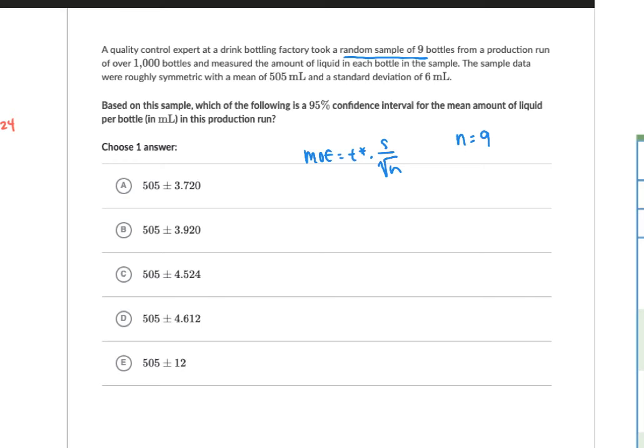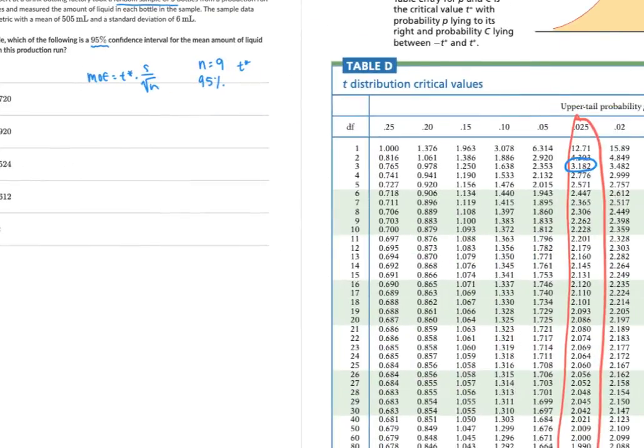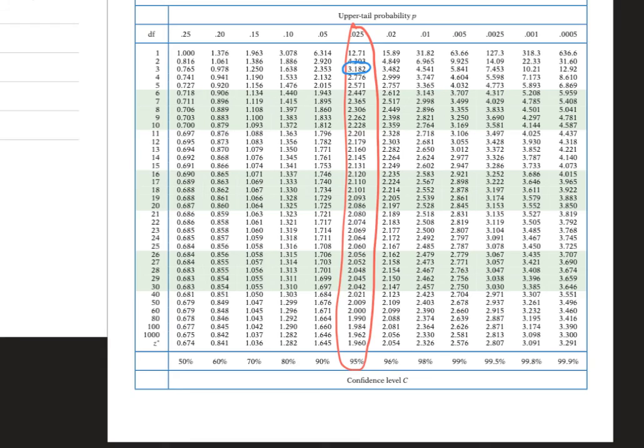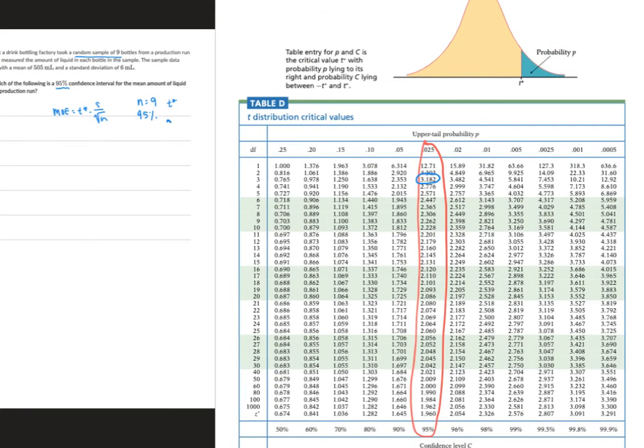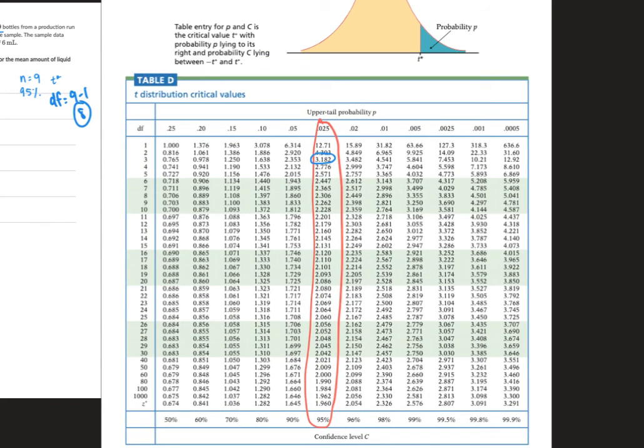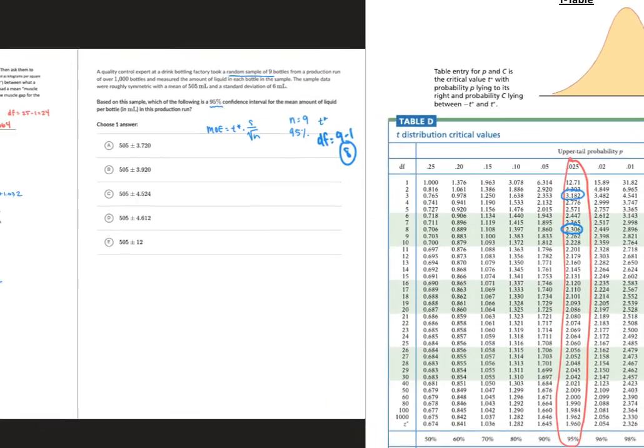And then we're calculating a 95% confidence interval. So first thing we're going to do is determine what our t star value is. So 95%, we're looking for degrees of freedom. In this case, it's going to be 9 minus 1, which is 8. So looking at the 8 row, it would be 2.306.